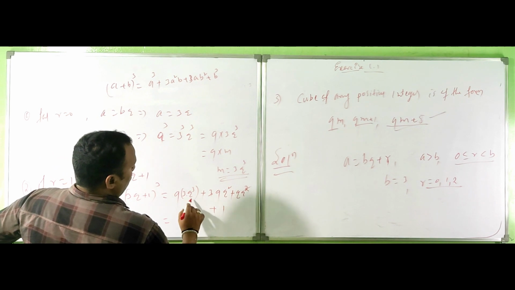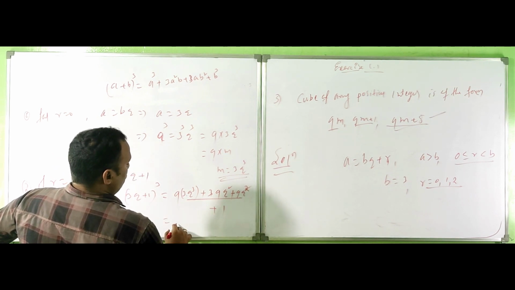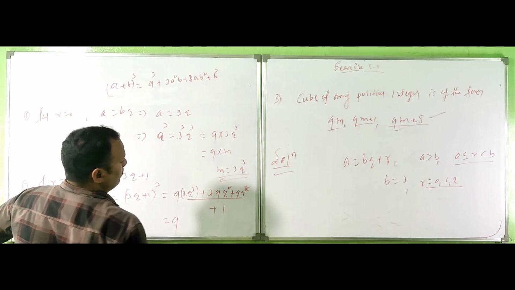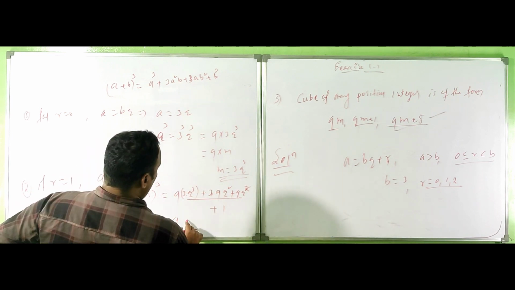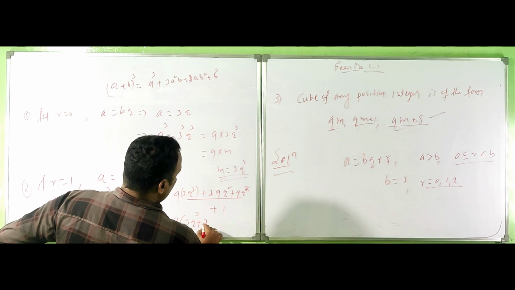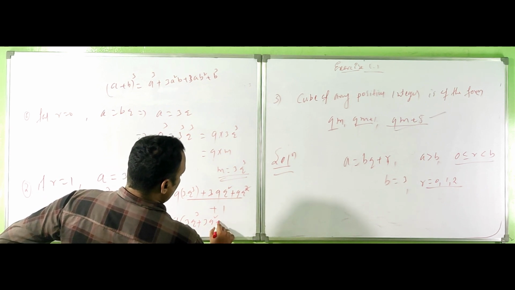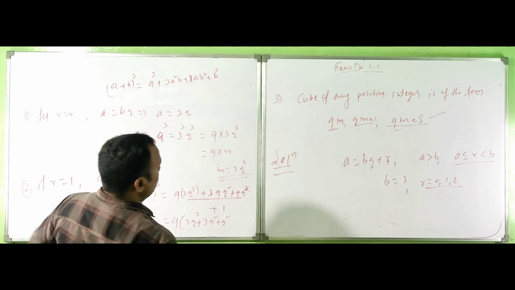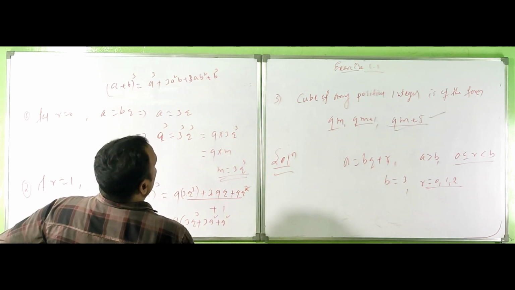Nice. See, I am taking the 9 as outside, completely. So what is left is 3q cube plus 3 q square plus q. This should be q, no?